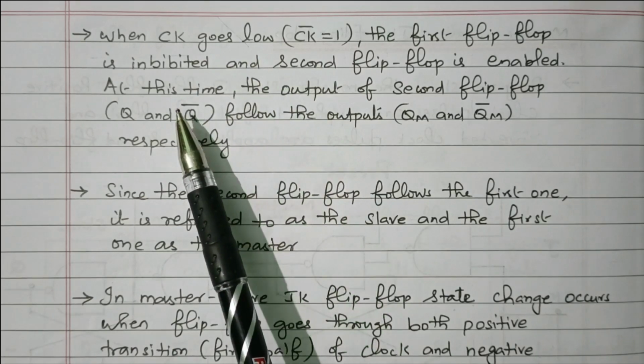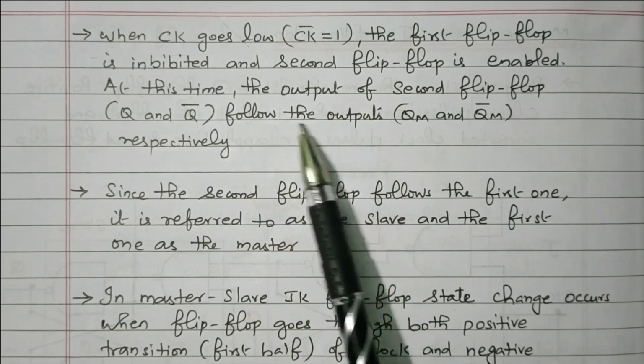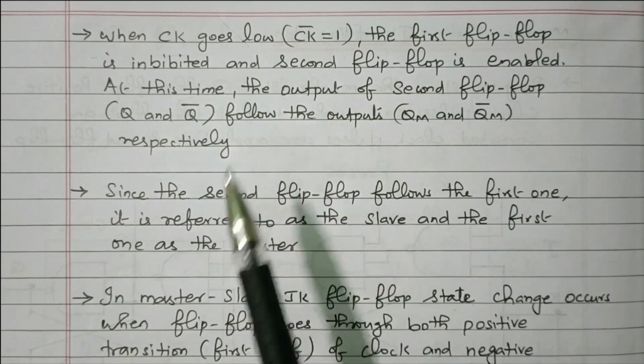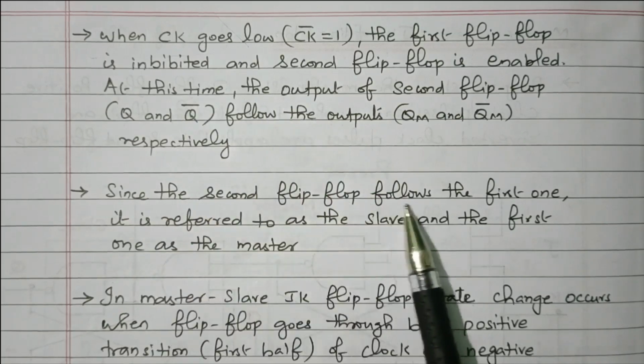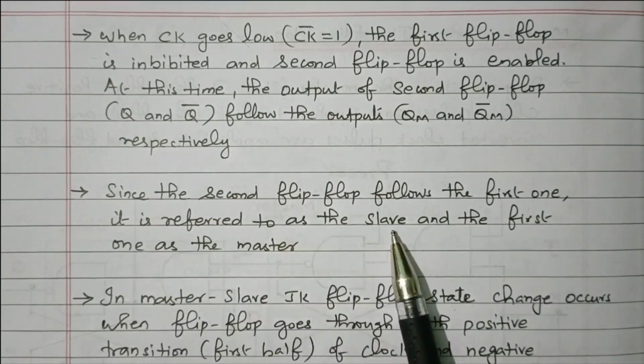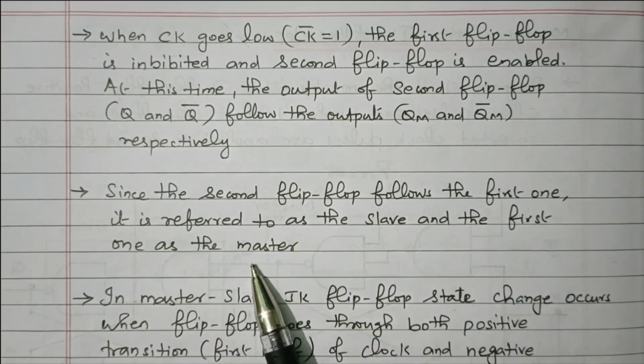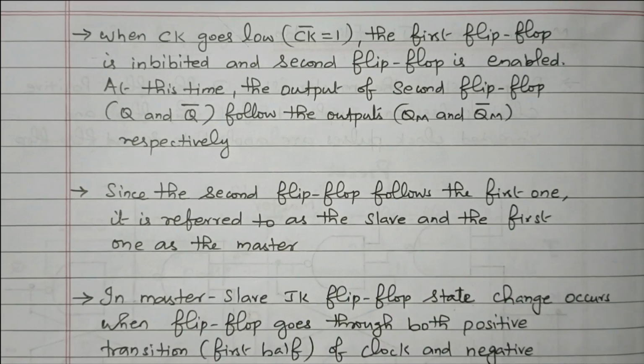The output from the first flip-flop is applied to the second flip-flop. Since the second flip-flop follows the first one, it is referred to as the slave and the first is referred to as the master.